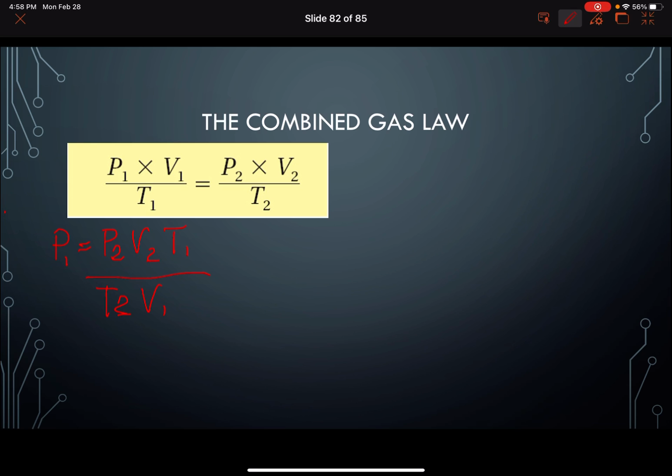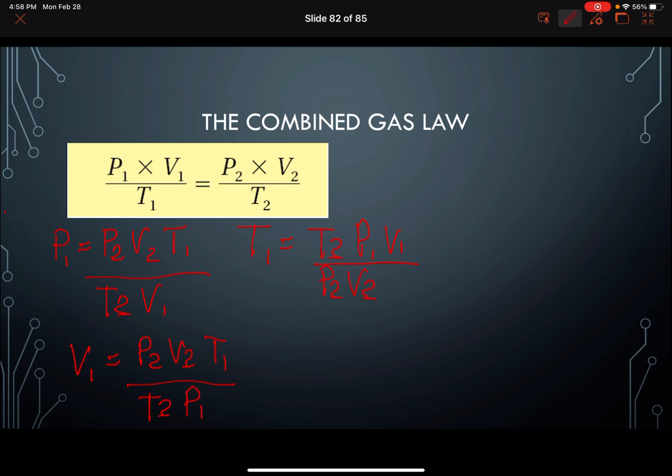And we're going to do volume 1 equals pressure 2, volume 2 times temperature 1 all over temperature 2, pressure 1. Okay? Temperature 1 equals temperature 2 times pressure 1, volume 1, all over pressure 2, volume 2.